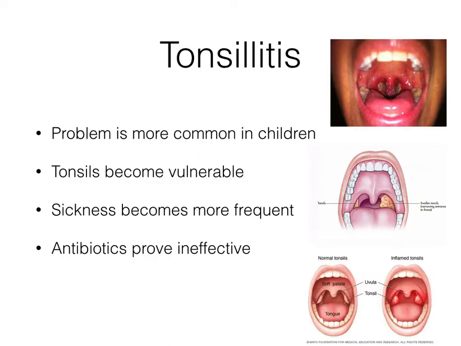This is because tonsils are the first line of defense for the immune system, and in children, immunity is not as strong. Therefore, the tonsils are weakened and can easily become inflamed or infected. From this, sickness becomes more frequent, and the patient knows that a tonsillectomy is necessary, especially when they're treated with antibiotics, but then the antibiotics no longer are doing their job.